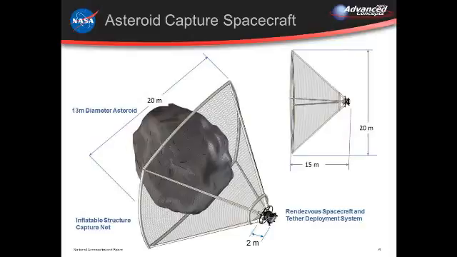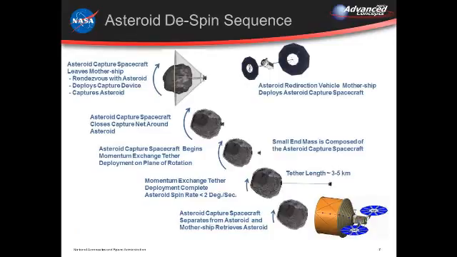Okay, the sequence of how this would work is you have your mothership, and the small craft would separate off of that. We come out to the asteroid, deploy the capture net, have the capture net collapse around the asteroid, and then tighten up.